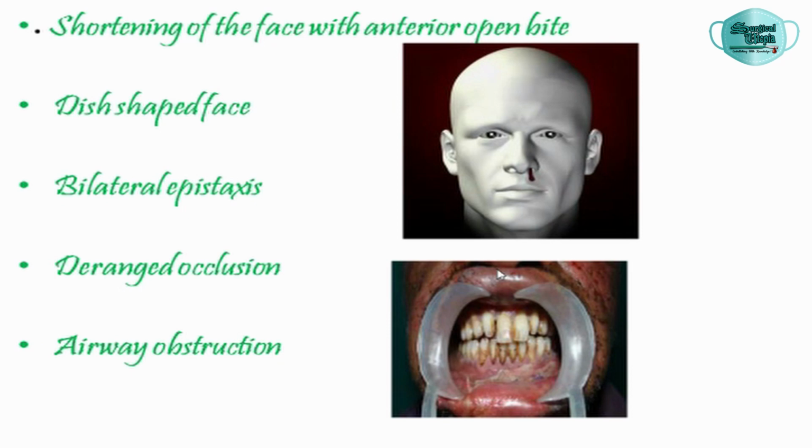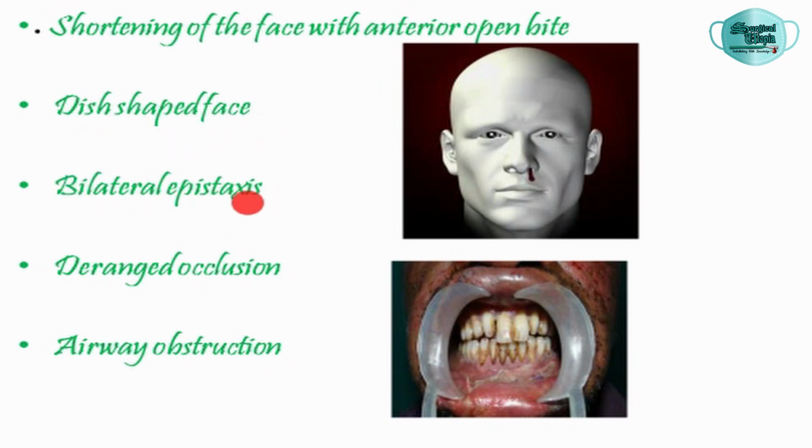The next feature is the dish-shaped face. This occurs due to the downward and backward displacement of the fragment, resulting in elongation and lengthening of the face, along with posterior gagging of the occlusion, resulting in an anterior open bite. So we have the dish-shaped face because of that.